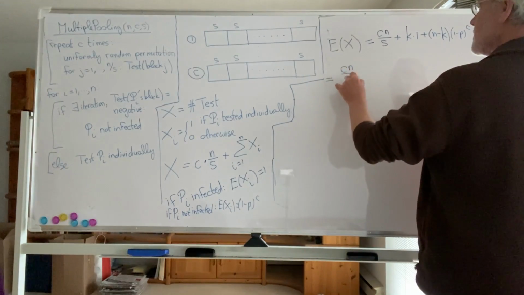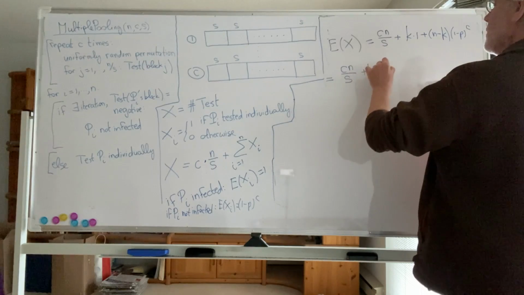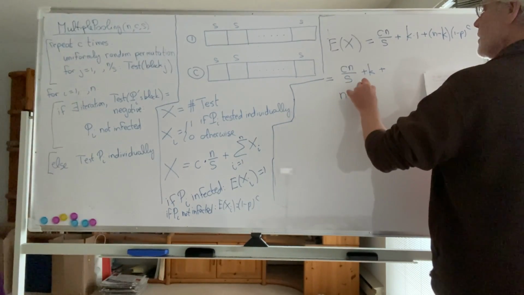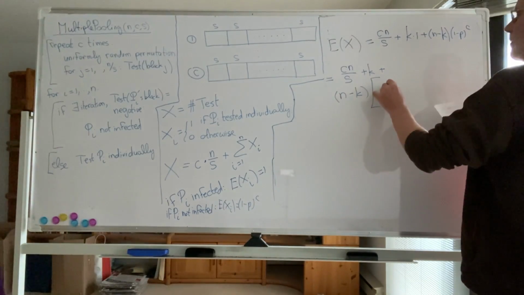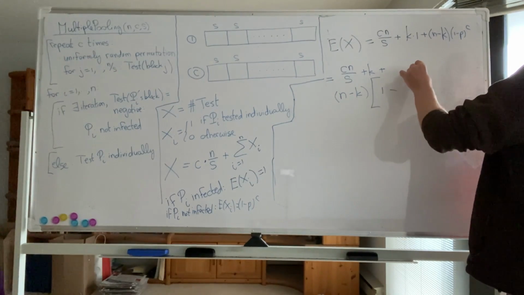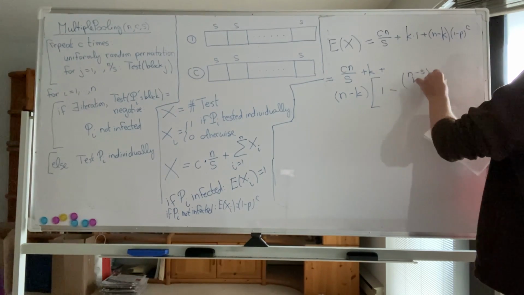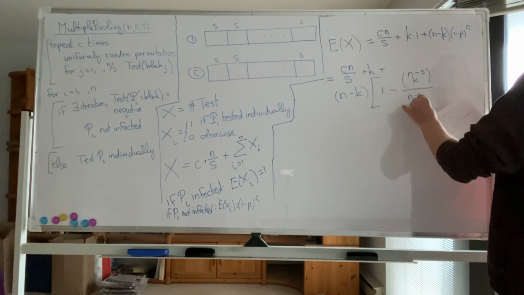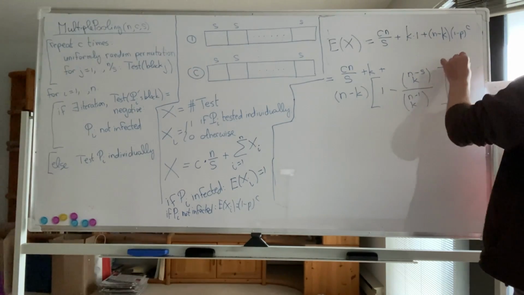Cn over S plus k plus n minus k times 1 minus (n minus s choose k over n minus 1 choose k), and this whole thing to the power c.